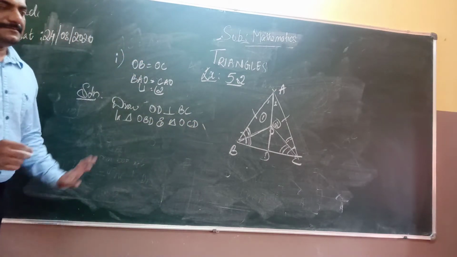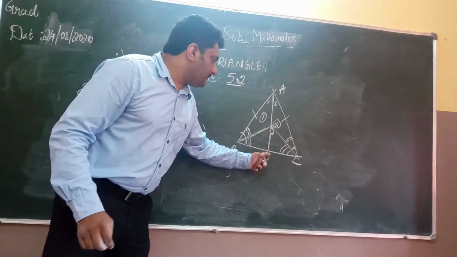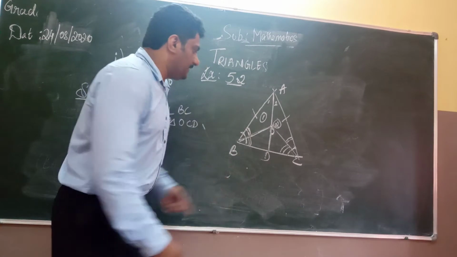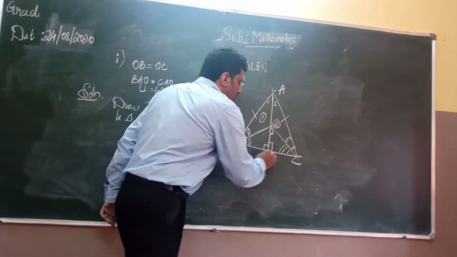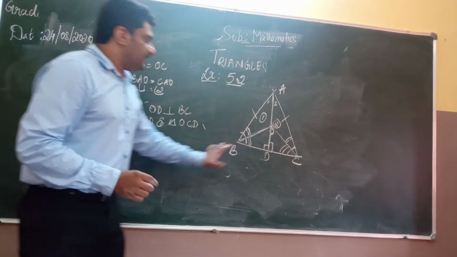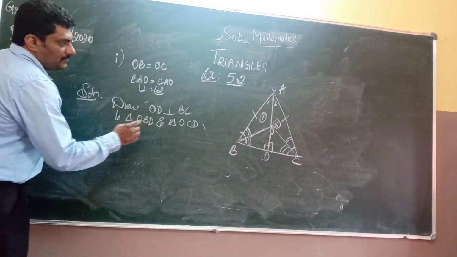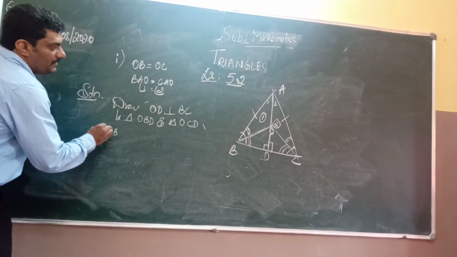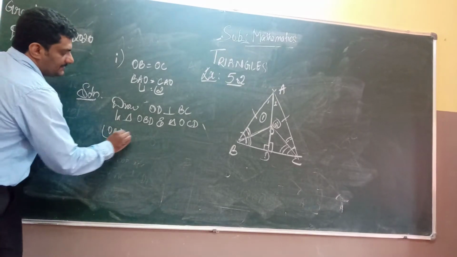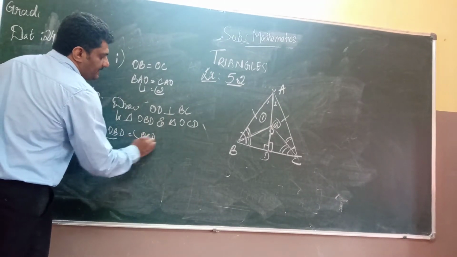Draw OD perpendicular to BC. Now whenever it is a perpendicular, this becomes 90 degrees. Now if you see these two triangles, I know that angle OBD is equal to angle OCD.